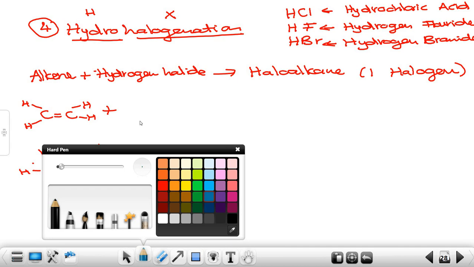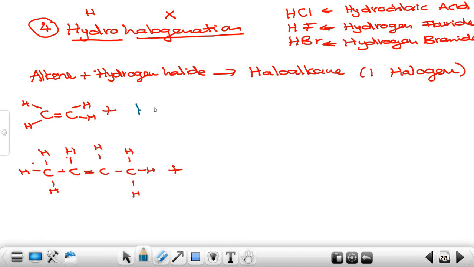Let's go for adding hydrochloric acid and adding hydrogen bromide. Now here, these carbons have equal number of hydrogens, so it can go on any one, right? But here it's different. It's not like prop-1-ene. Also here they have the same number of hydrogens, so it can go on any one of them, right?